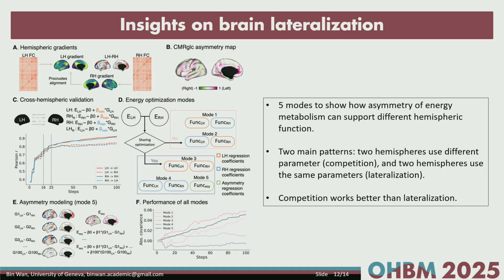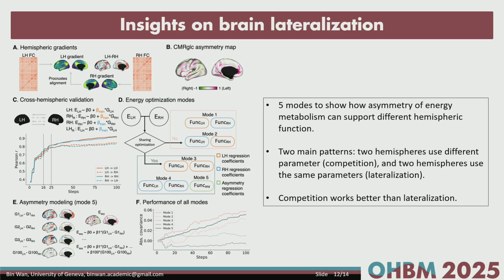If they share the energy consumption coefficients, then there are three models. Model 3 has both hemispheres use left hemisphere coefficients, model 4 has both hemispheres use right hemisphere coefficients, and model 5 uses the asymmetry coefficients.